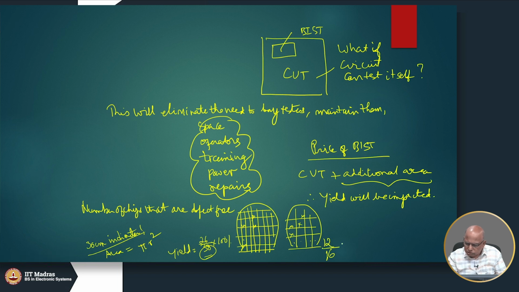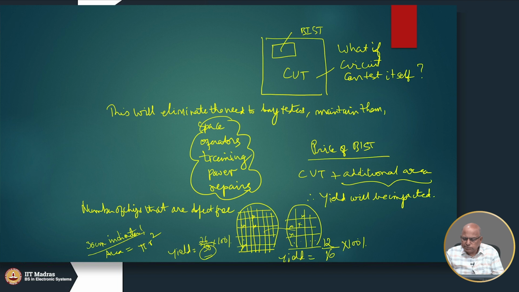So this will be the yield. You will realize that this is very poor. We are losing a lot of revenue here because only 12 out of 16 chips are good, whereas here 26 out of 30 are good. So what does it show? If I increase the size of the chip, I pay for it in terms of the poor yield. That is the reason why any increase in area is something that we are worried about.